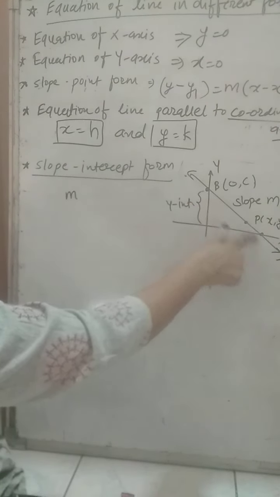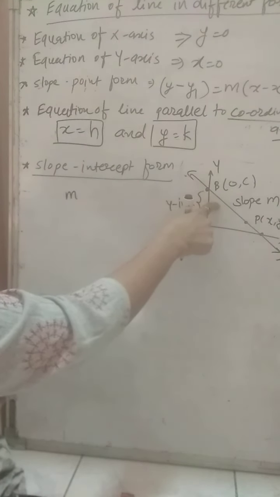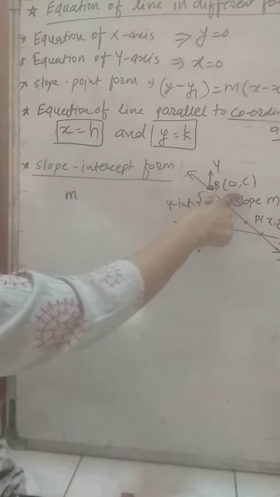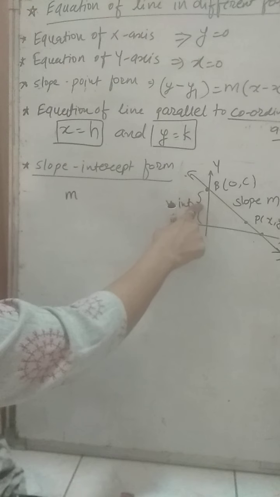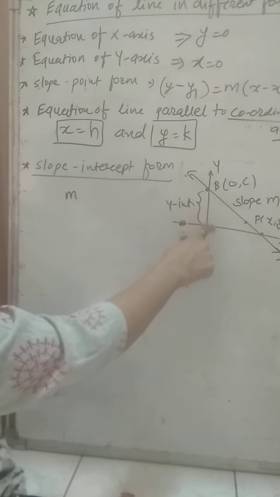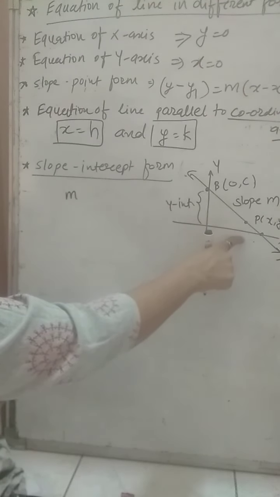This line makes y intercept c. Line L meets the y-axis at point (0, c). That's why we get here the y-intercept.